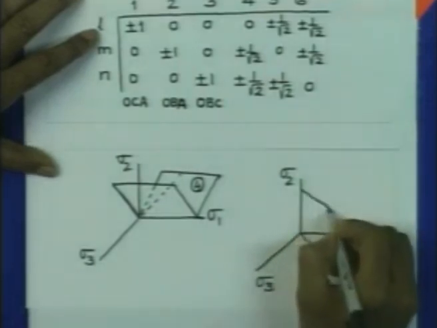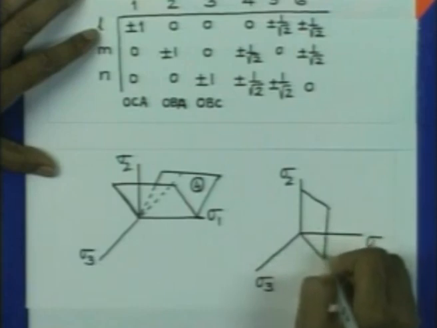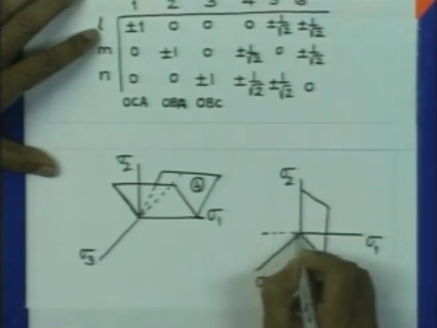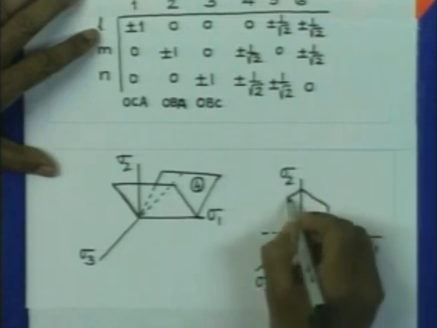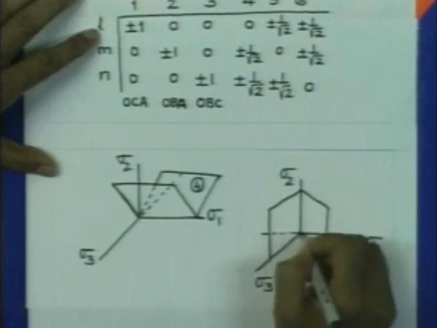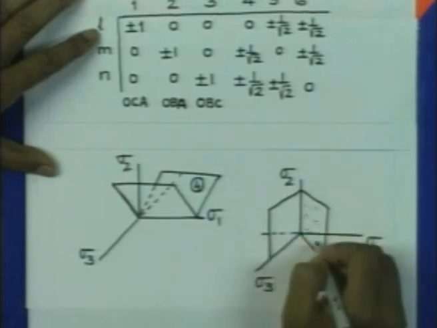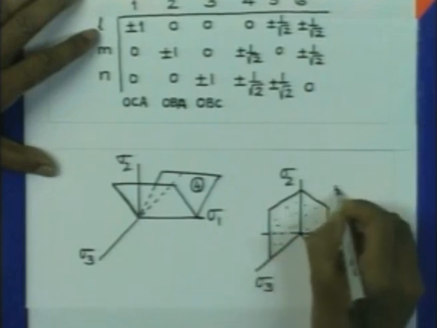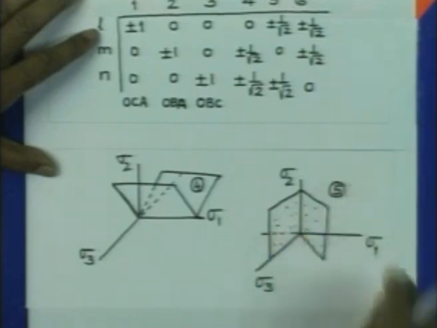So, a typical plane could be this one, and it can also be considered to be another plane which is like this. So, these are the 2 planes which is nothing but plane 5.